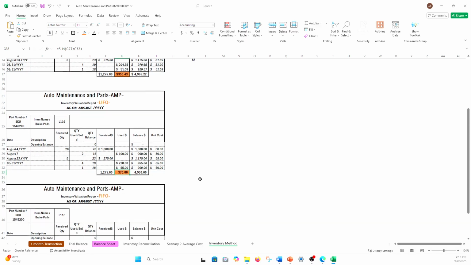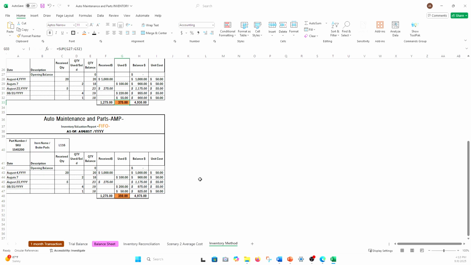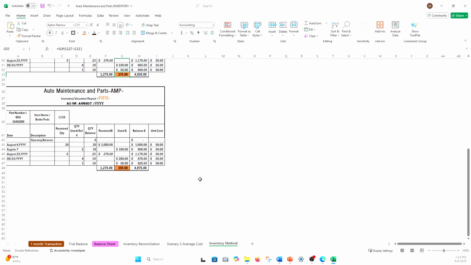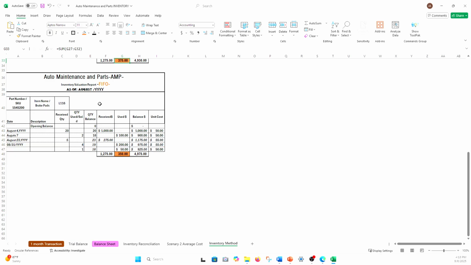Okay. Now let's go to FIFO. FIFO is first in, first out. That means we purchased 20 here, that's our first purchase. So we had to sell all the first items for the original cost of that first purchase. So we sold here 2, so that has to be for $50.